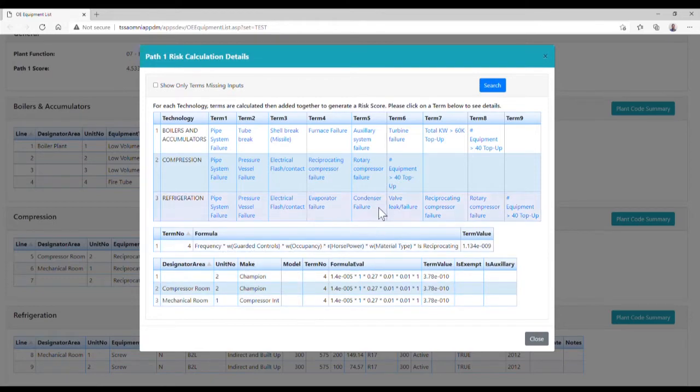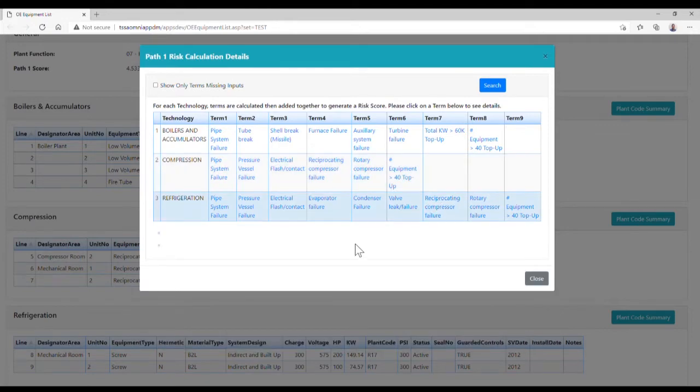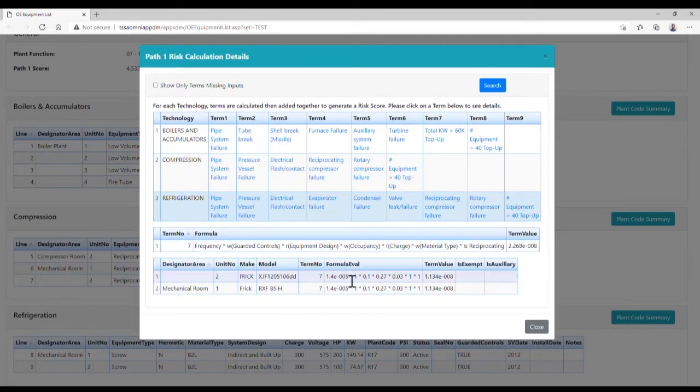Actually, we're just going to do reciprocating compressor failure because it is a screw compressor, so it's reciprocating. I'm going to touch on equipment design in a second, so we'll get there. But for reciprocating compressors, you have all the weights: guard controls, design, occupancy, charge, and refrigerant type.